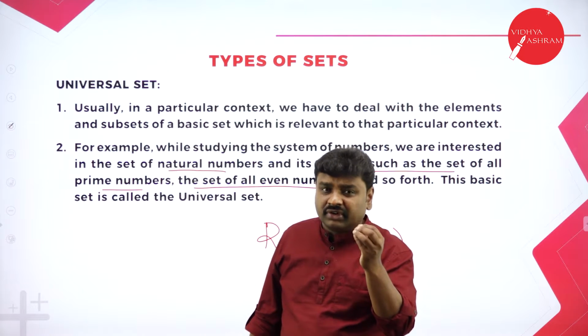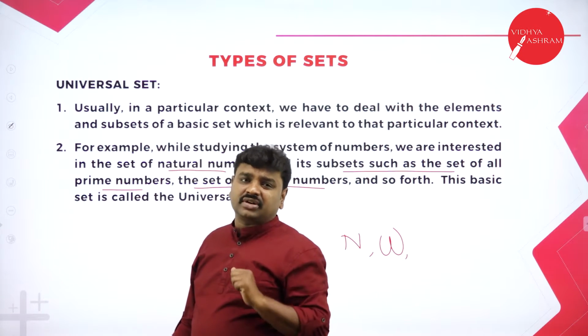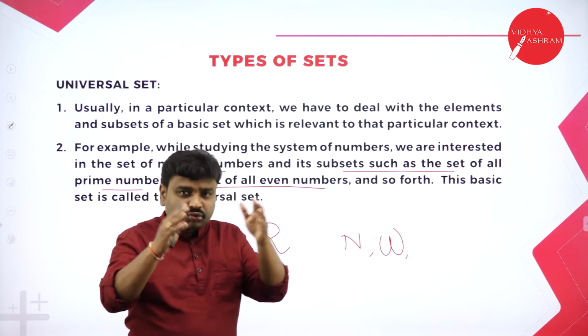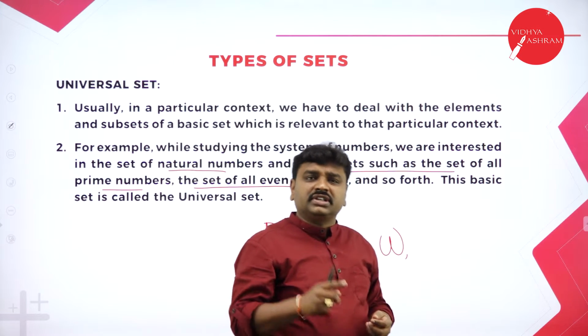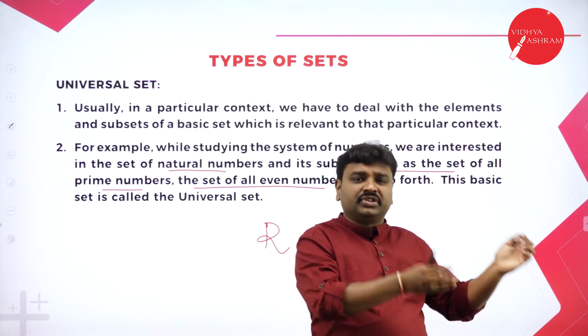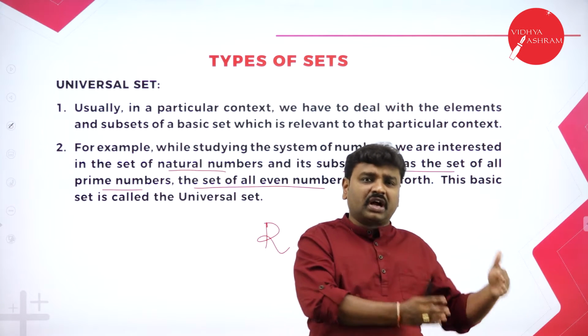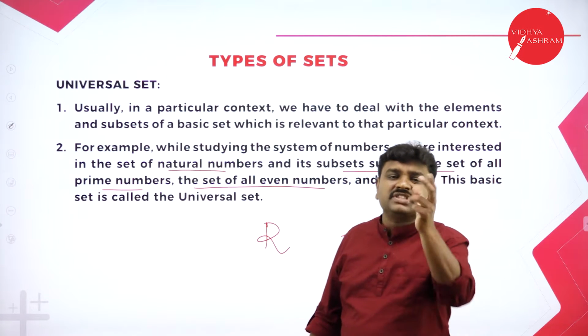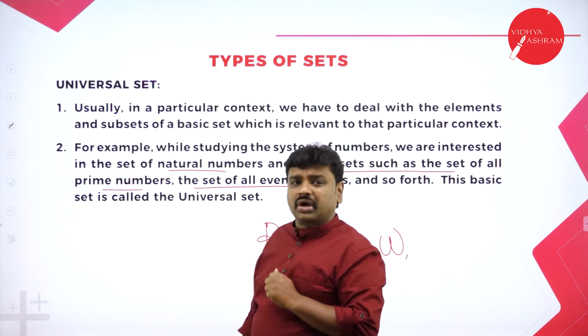Or the set of first PUC students in Vidyashram College is a subset of the set of students of Vidyashram College. The set of students of Vidyashram College is a universal set. In that we'll have subsets: students of first PUC, students of second PUC, students of commerce first PUC, students of commerce second PUC. These are all subsets. The main set is students of Vidyashram College.